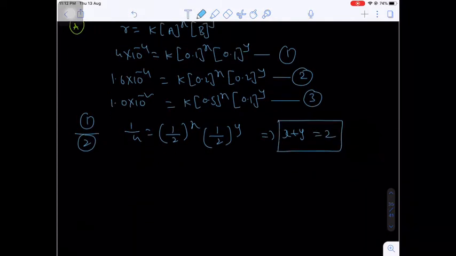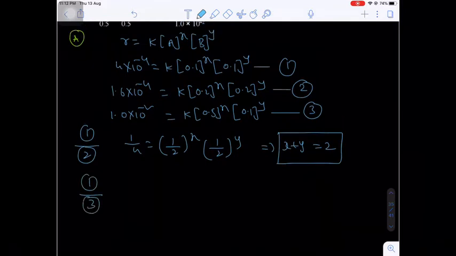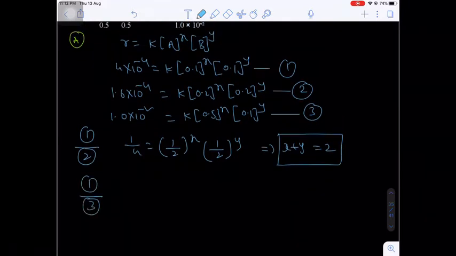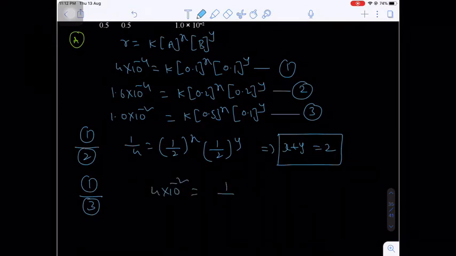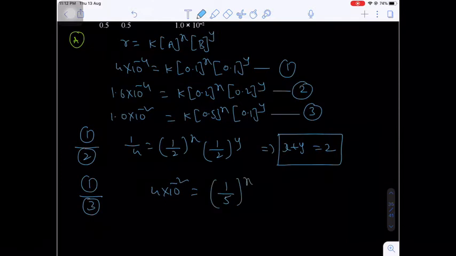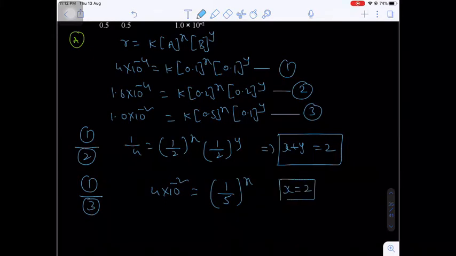So you have the relation between x and y, one equation. And one more, 1 upon 3. If you see 1 upon 3, you will get 4 into 10 raised to minus 2, which is equal to 1 upon 5 to the power x. From here if you simplify, you will find the x value 2.